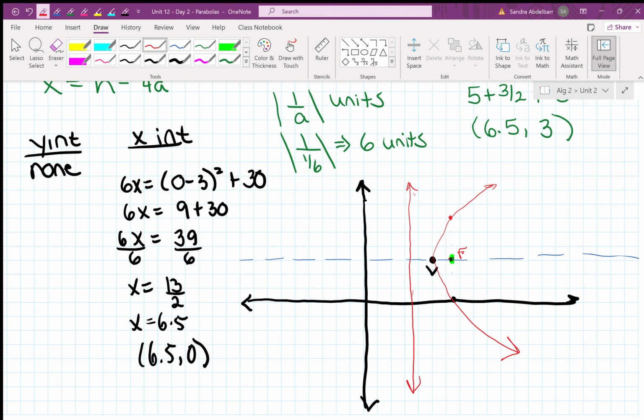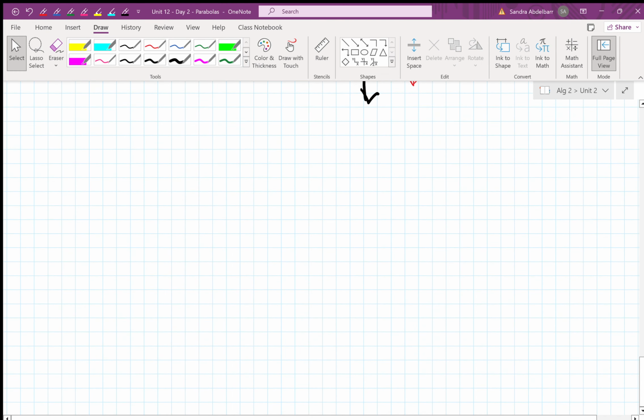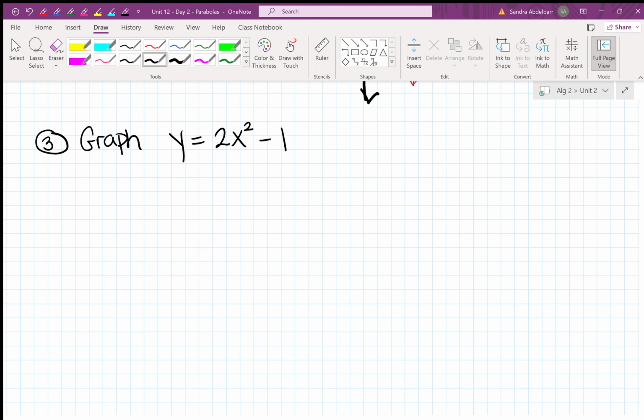I want you to try one on your own. Here, you guys try this one. So my first question for you, is it vertical or horizontal? Vertical. The other question for you is, how do I put this in vertex form?